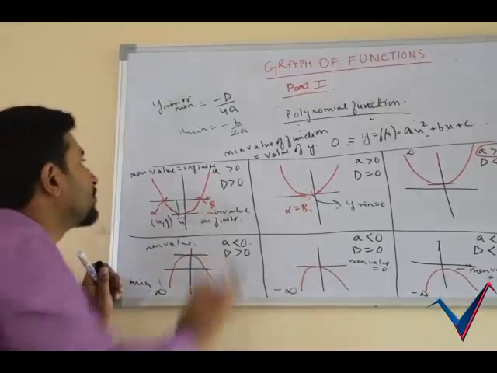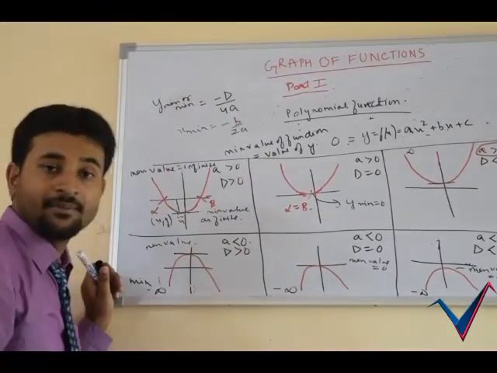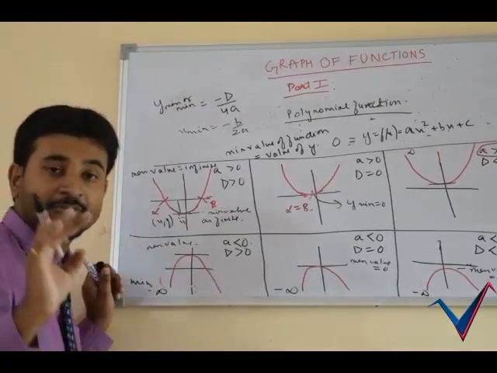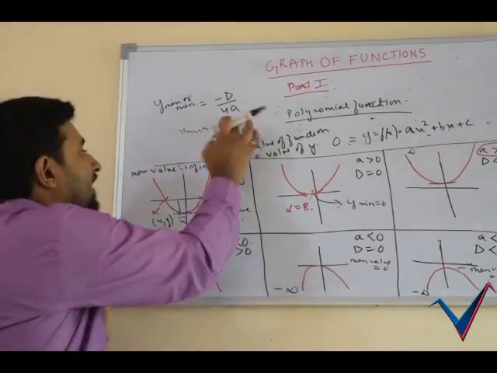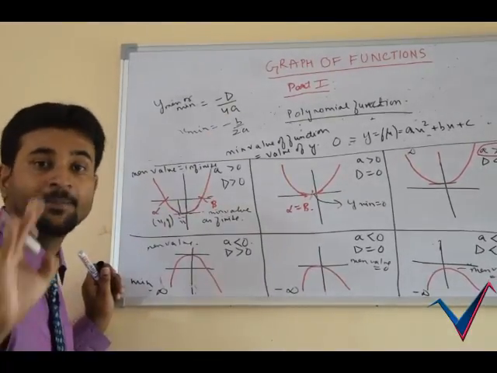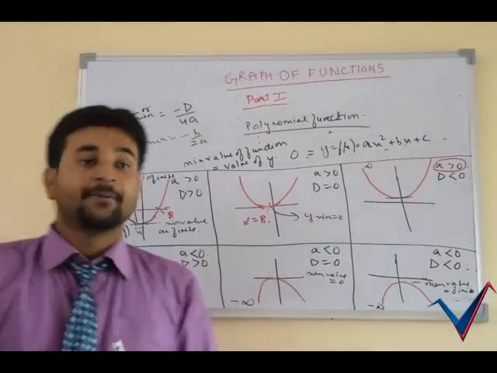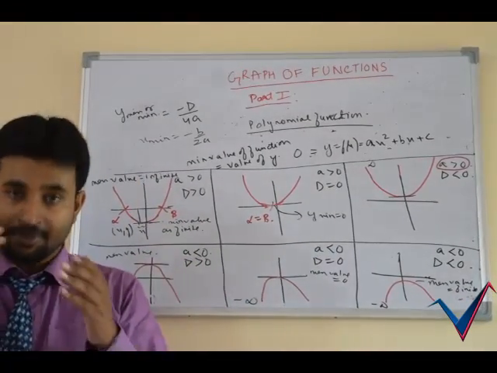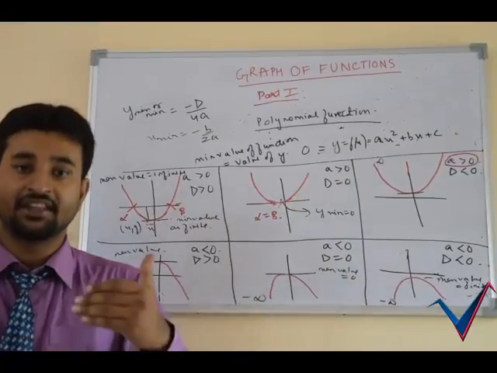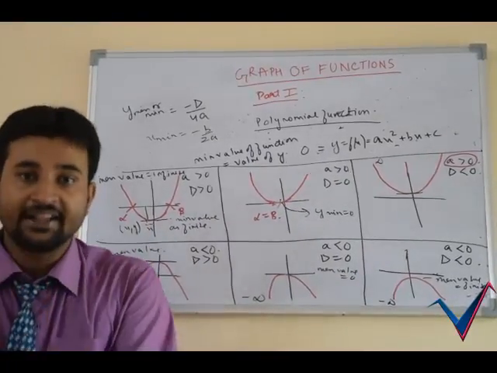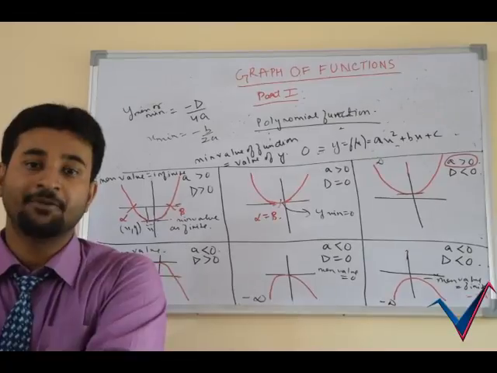So the minimum value of y is minus D by 4a at x equal to minus b by 2a. In short, we say that the minimum or maximum value of the function is minus D by 4a at x equal to minus b by 2a.